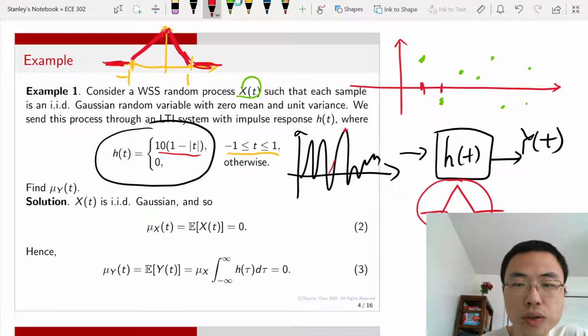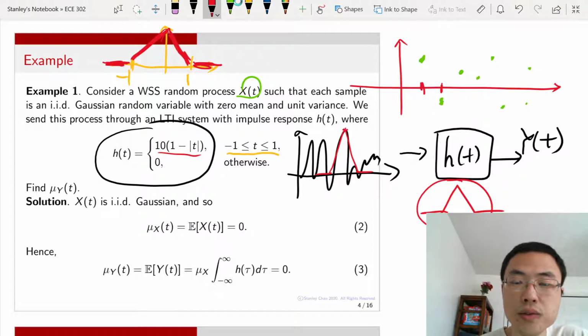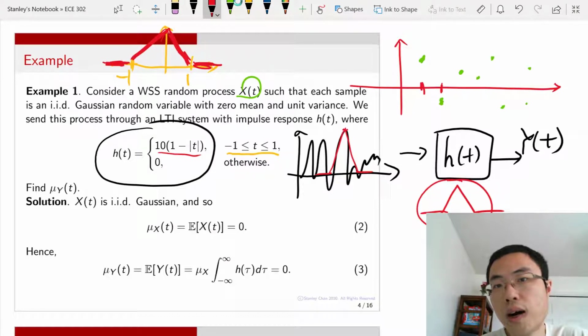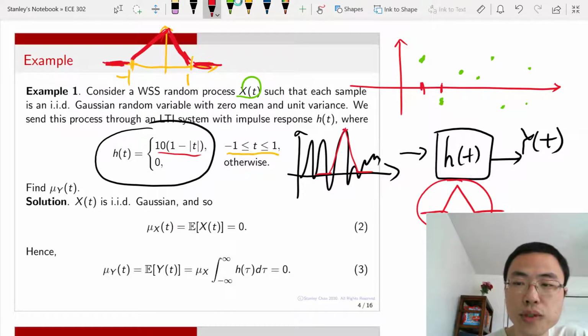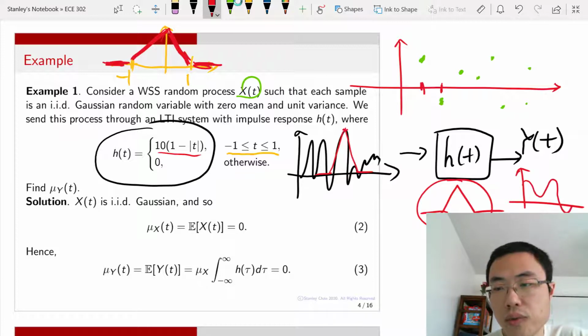So you set up a window and put your triangle here, and then you integrate everything. So this is more or less like an integration or averaging. It's the weighted averaging using your h. So now you're taking the average of this Gaussian process. What would be the output? Well, it has to be somewhat a filtered version. Originally it will be extremely noisy. Then maybe you will have some kind of averaged version, or the running average version, of this input pure noise.